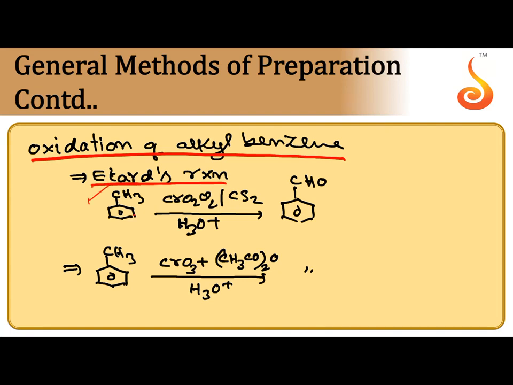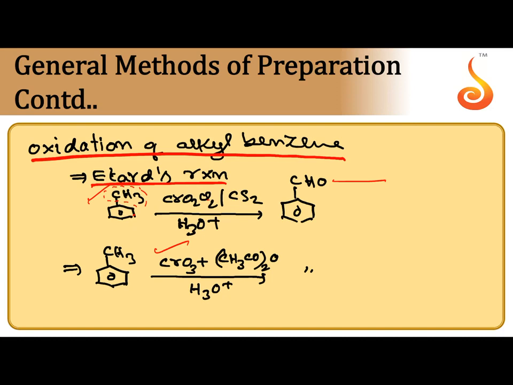Methyl benzene, say toluene, when subjected to oxidation with chromyl chloride in the solvent carbon disulfide, followed by hydrolysis, the CH3 part is oxidized to CHO, that is benzaldehyde. Instead of chromyl chloride, we can use chromic oxide and acetic anhydride.